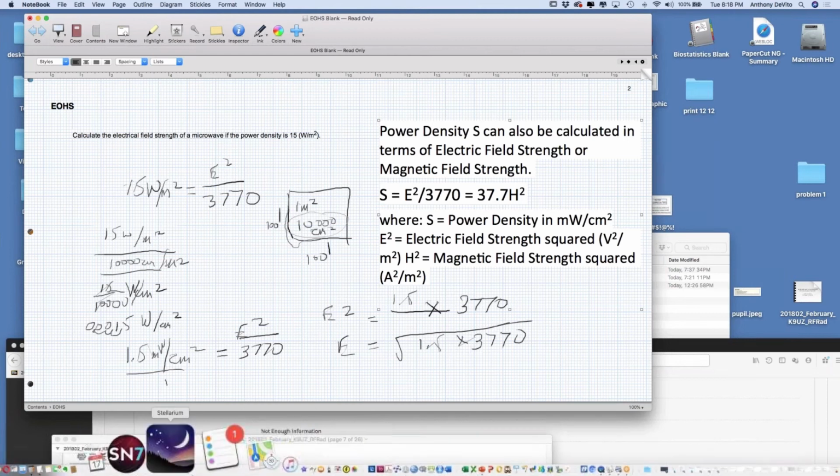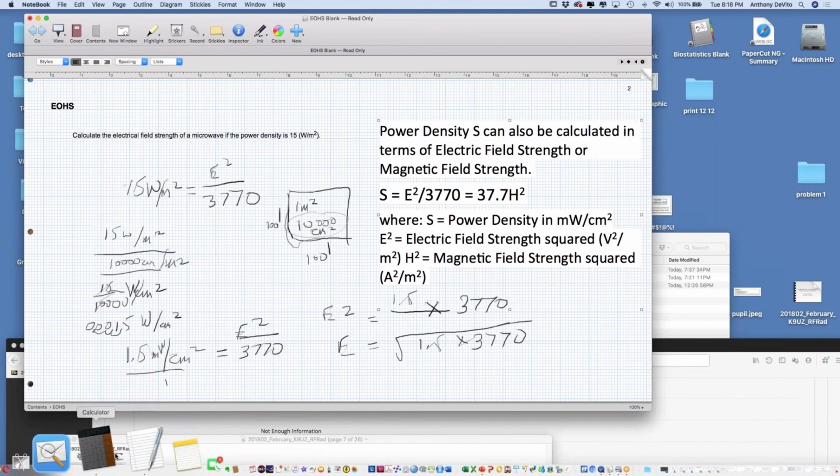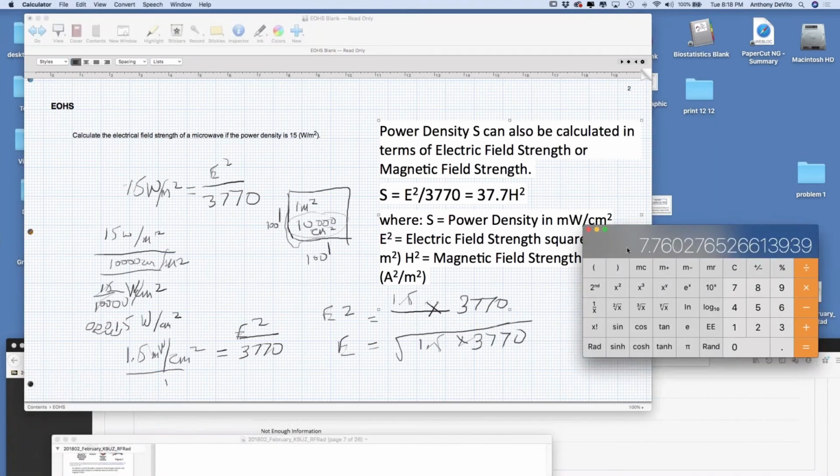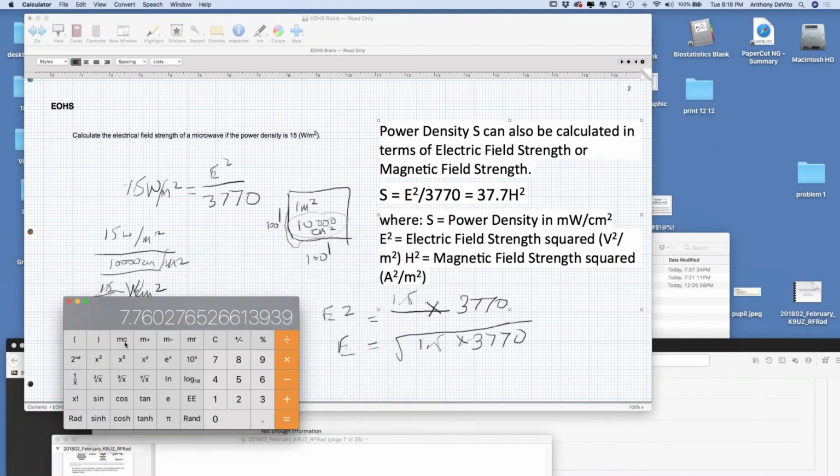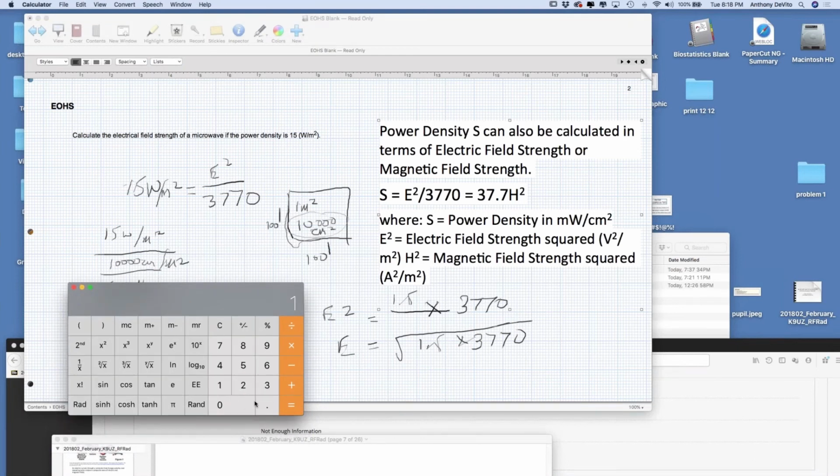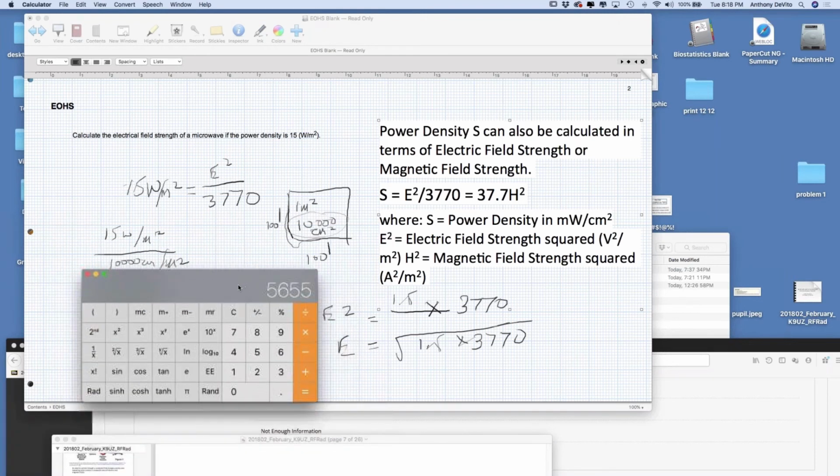Let's get the calculator up. 1.5 times 3770 is equal to 5660, and I'll take the square root of that.